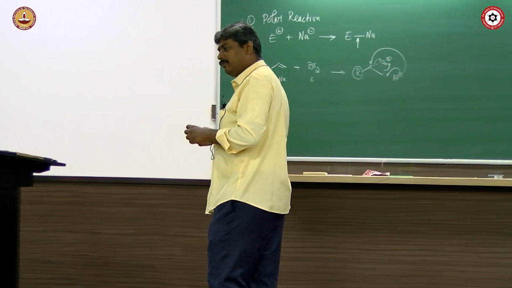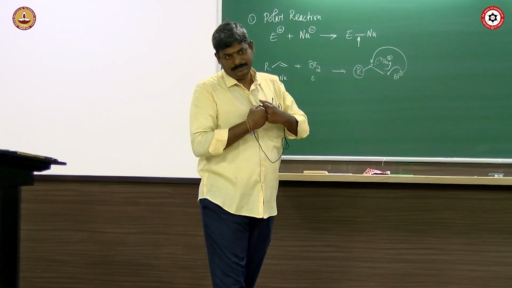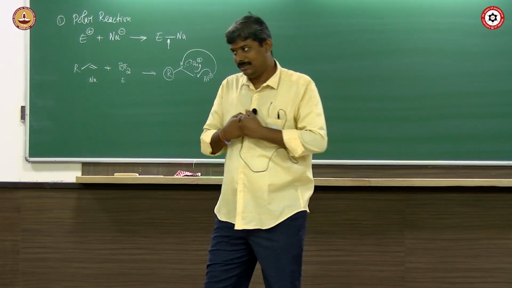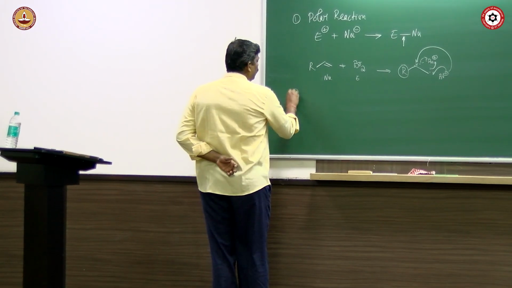Where both atoms which come in to form a bond bring their own electron and share, which is like a radical reaction, right? The second class of reaction one could think of is radical reactions.